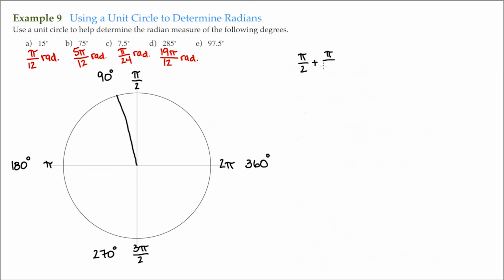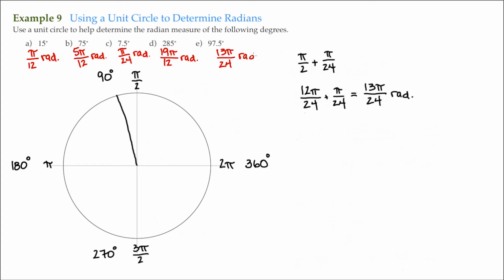That's our 7.5 degrees. This is 12 pi over 24 plus pi over 24. That's 13 pi over 24 radians.